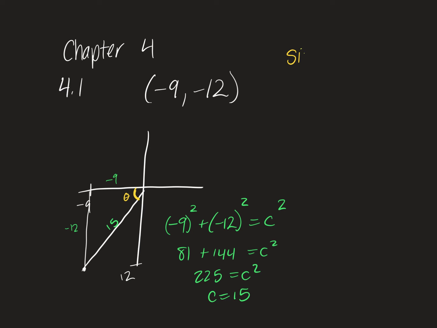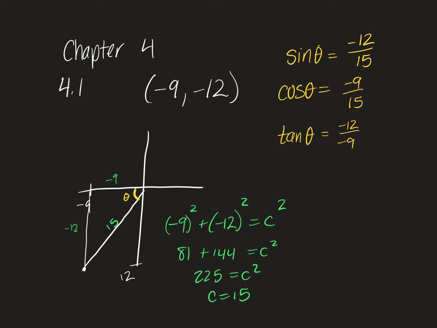Sine would be -12/15. I'll go back and reduce in a minute. Cosine is -9/15. Tangent is -12/-9. Reducing those, you get -3/5. No, you don't. 4/5.